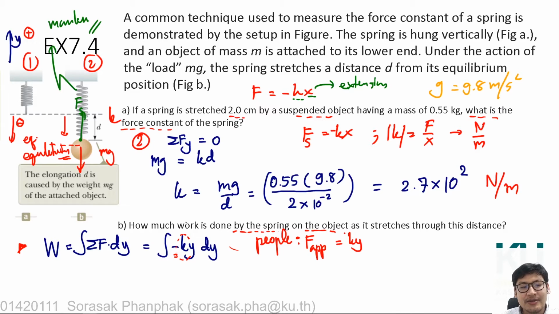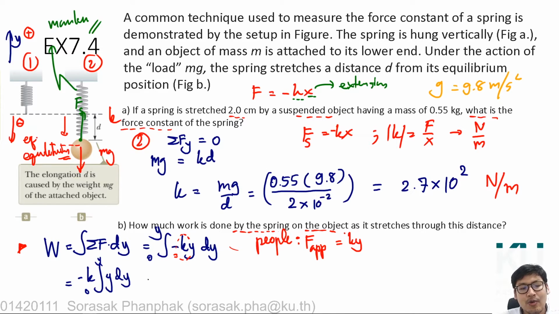Okay, let's go back to this part. In this case, the object, which is the spring, has been extended from 0 to y. So we will do integration on this part. It's minus ky, integrate dy. I'll remove the terms not involved, so integrate y dy from 0 to y.